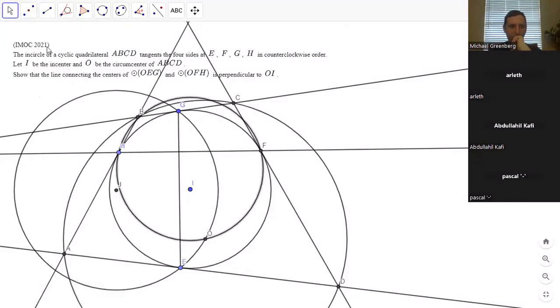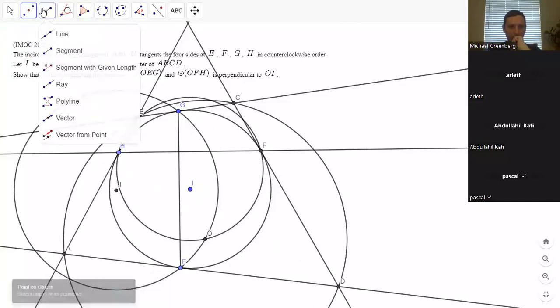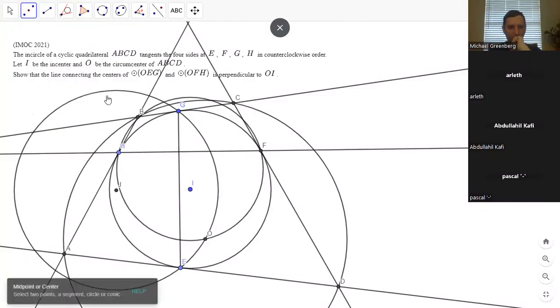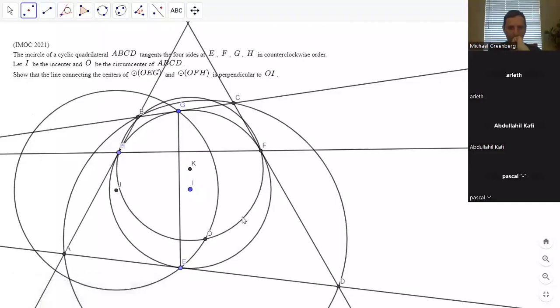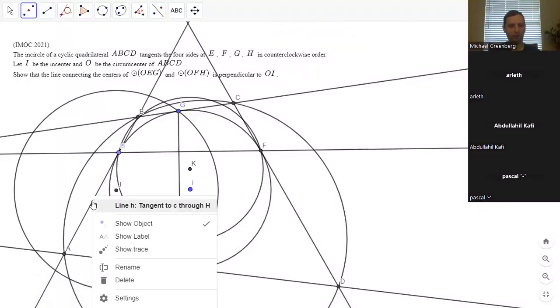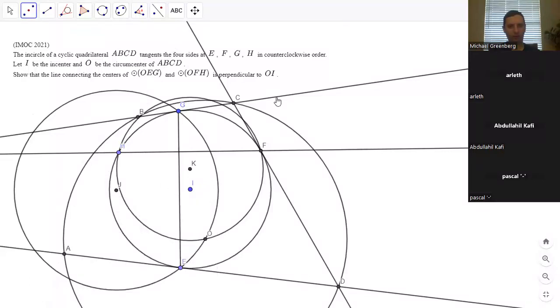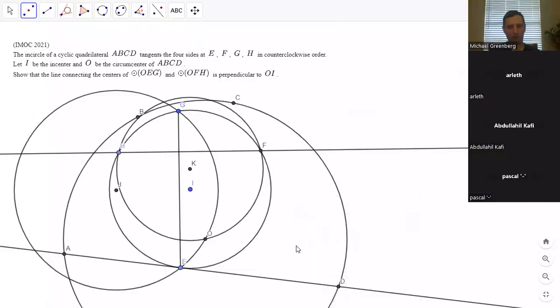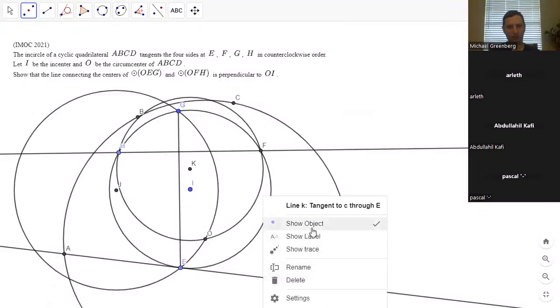We want the center of that circle. Okay. So OI we want to show is perpendicular to JK. All right. 1, 2, 3, 4.